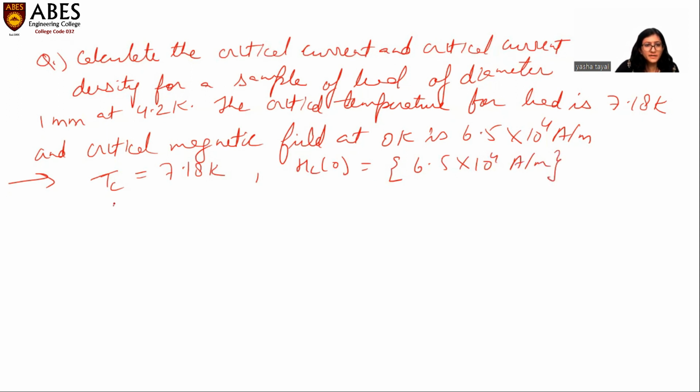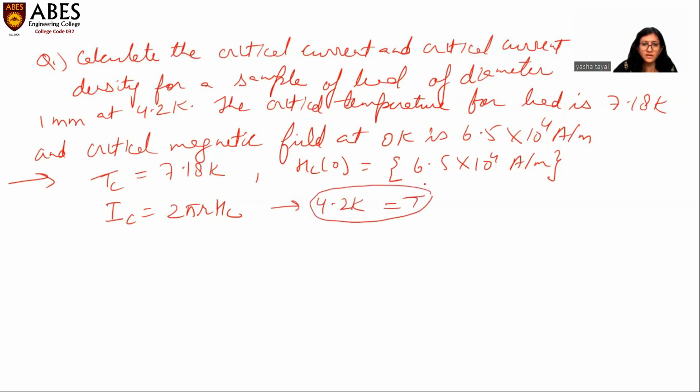We have to determine critical current. So formula for this is 2 pi r Hc. But this is Hc0, this is actually HcT. So we have to determine critical current at 4.2 Kelvin. So this is our operating temperature.